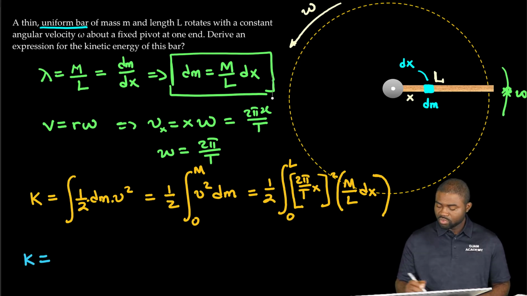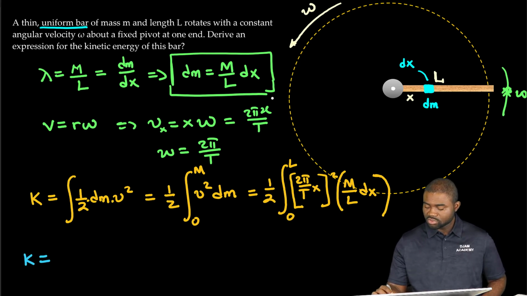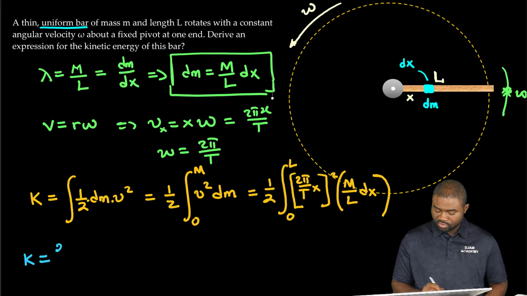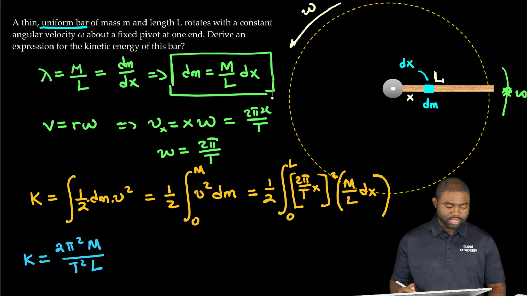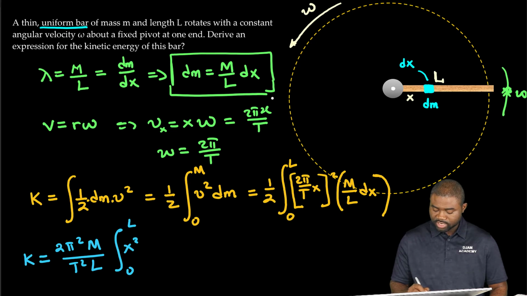So K will be equal to, let's take all the constants out, 2 pi over T all squared will be 4 pi squared over T squared. So we will have here 2 pi squared multiplied by M divided by T squared multiplied by L, and we're integrating from 0 to L. This is x squared dx.